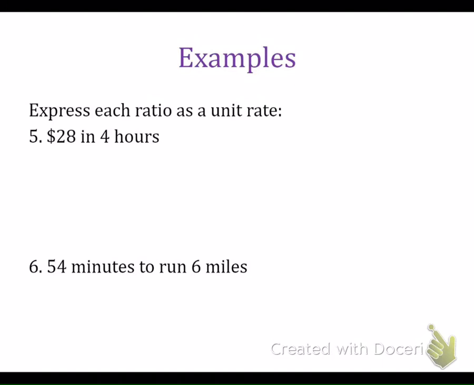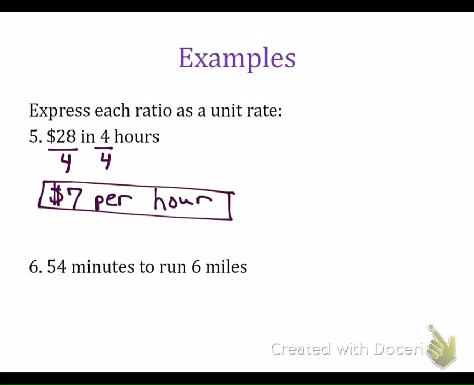I'm going to divide both by 4. So this would be $7 per hour. 54 minutes to run 6 miles. Divide both by 6. So this would be 9 minutes per mile.